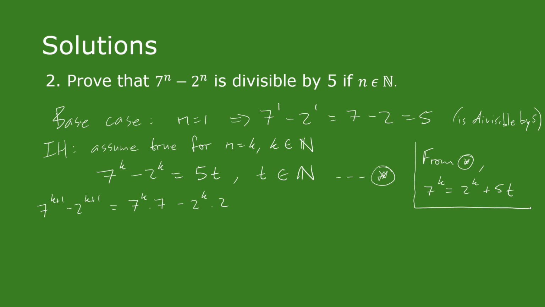We just put that in a little box there just to say we're doing something on the side. So now, getting back to our main calculation, 7 to the power k can now be written as (2 to the power k plus 5t), let's put it in brackets, times 7 minus 2 to the power k times 2.